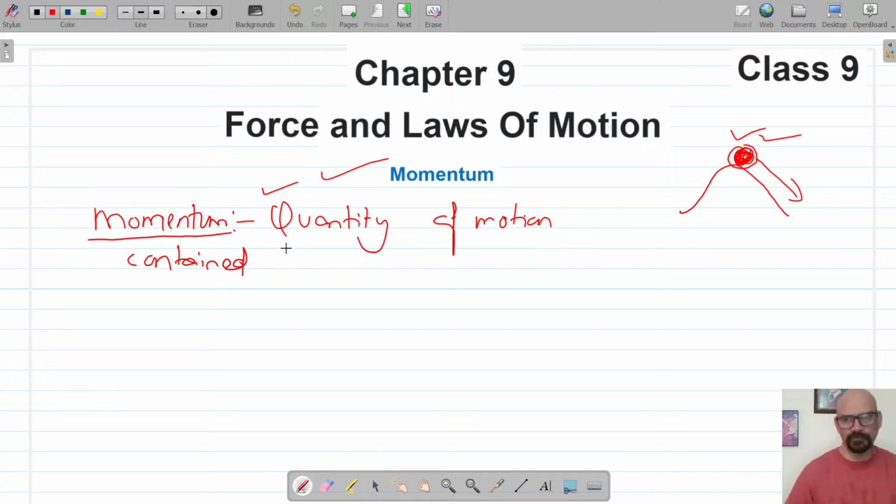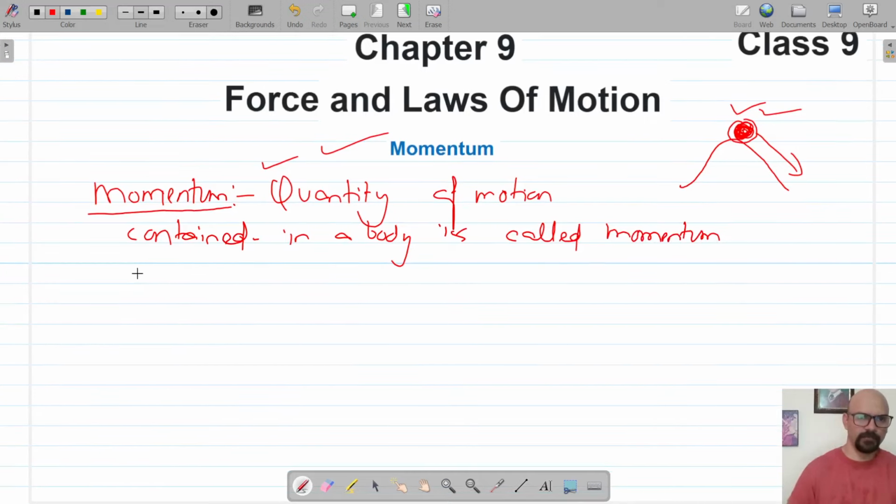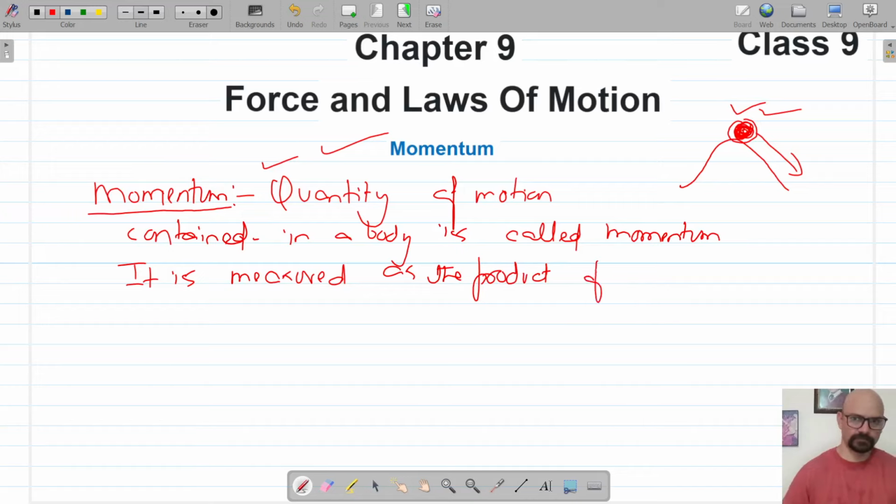So how are we going to check if the quantity of motion is more or less in a certain body? The quantity of motion contained in a body is called momentum. Now, how do we measure this? Because it's a quantity of motion, we have to measure it. So it is measured as the product of mass and velocity.